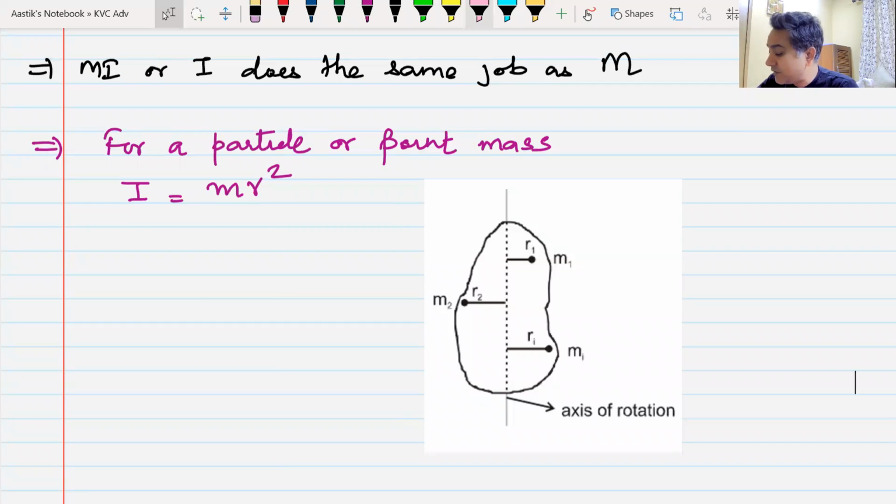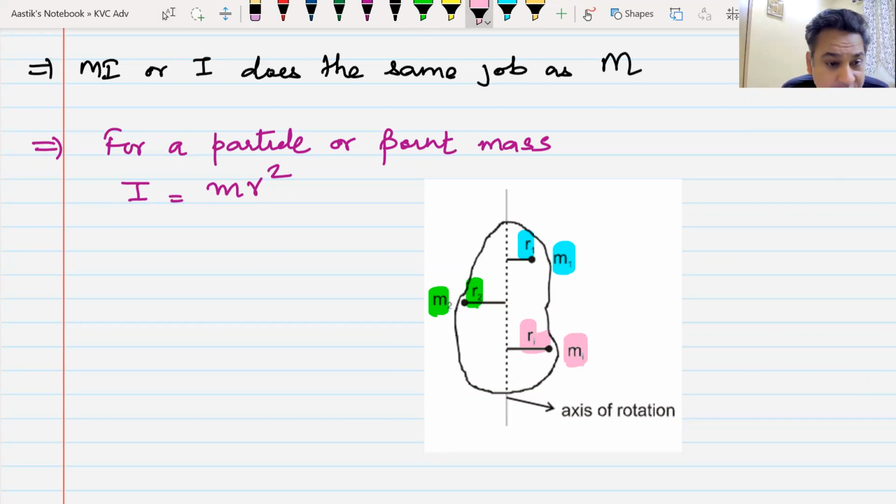So if I have a mass m1 here at a distance of r1 from the rotational axis, its moment of inertia about the rotational axis would be m1 into r1 square. The moment of inertia for this body will be m2 into r2 square about this axis of rotation. The moment of inertia of the ith body will be mi into ri square.